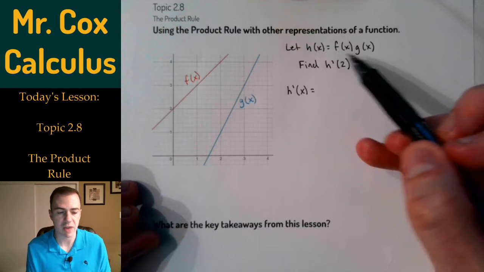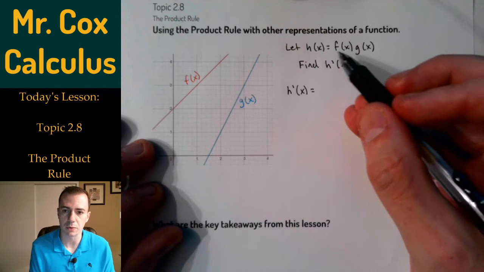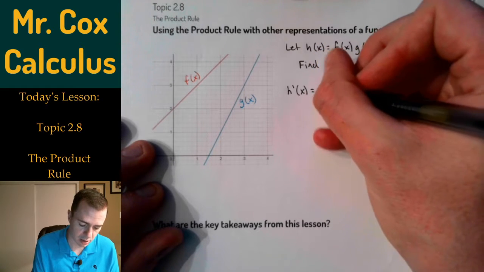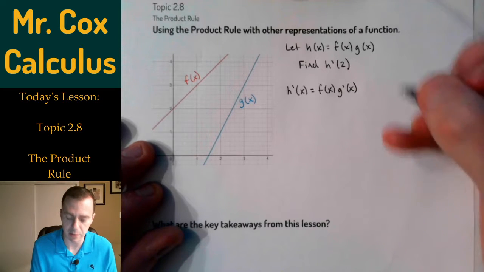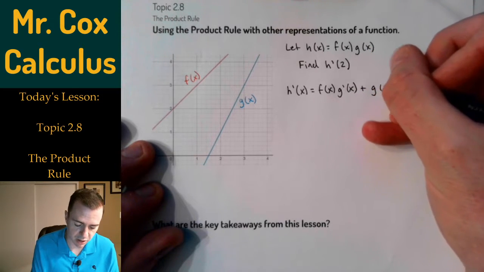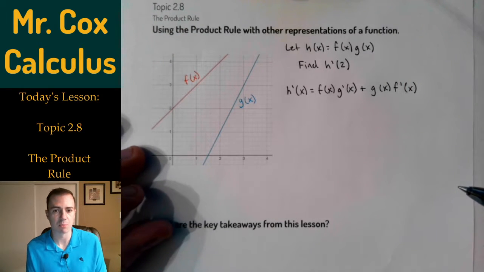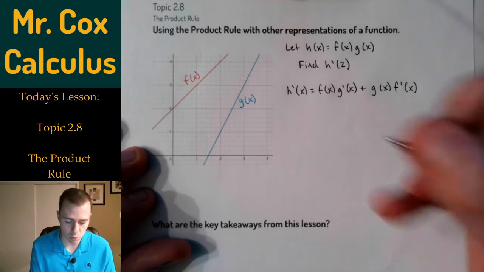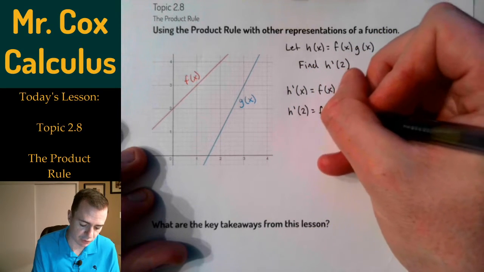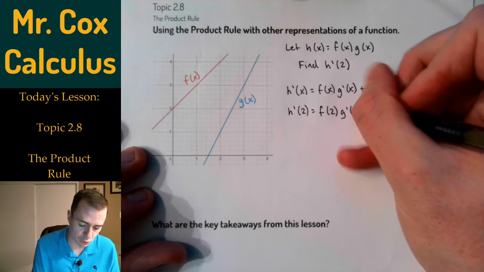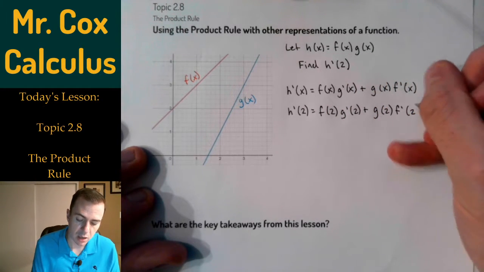Well, h prime of x, if h of x is the product of these two functions, I'll use my product rule, which says it's the first function, f of x, times the derivative of the second, g prime of x, plus the second function, g of x, times the derivative of the first function, f prime of x. And so if I want to know what h prime of 2 is, h prime of 2 is equal to f of 2, g prime of 2, plus g of 2, f prime of 2.